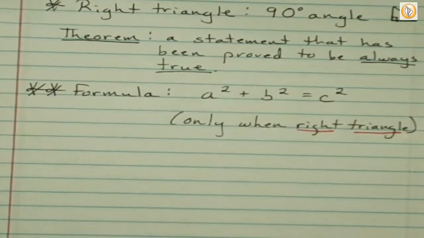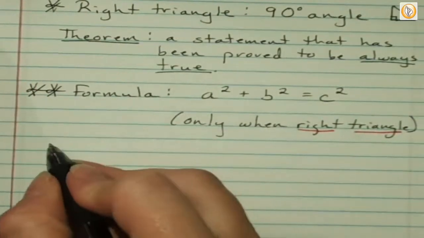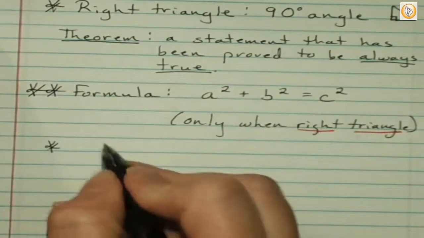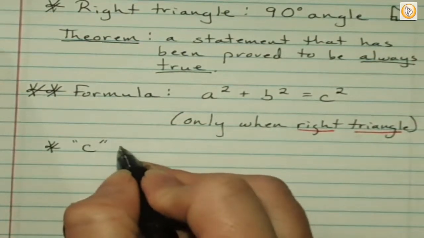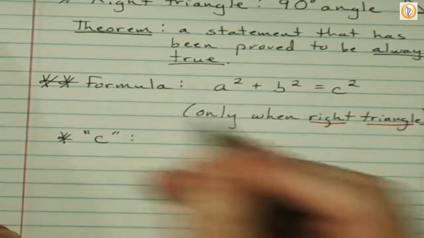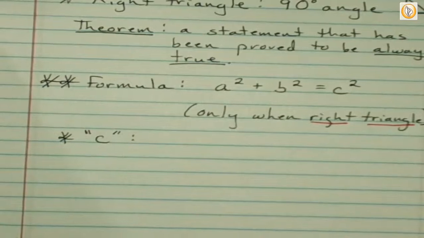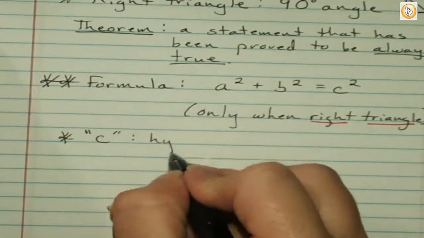Okay, so side C. Anyone remember what it's called always? Taylor? Hypotenuse.